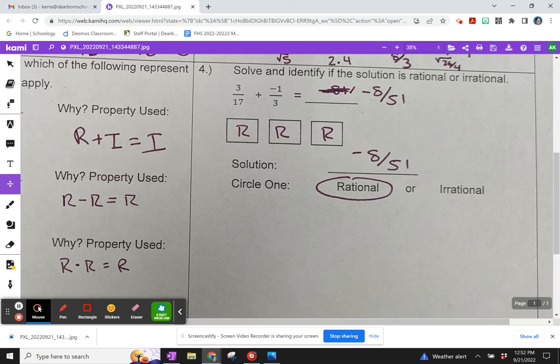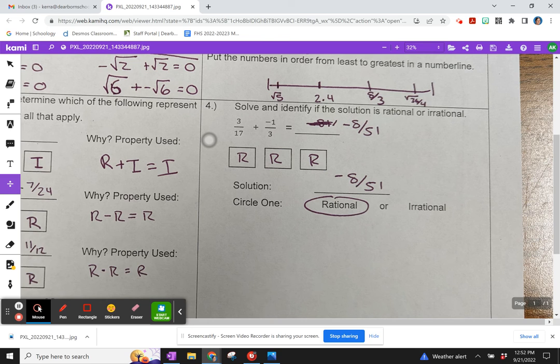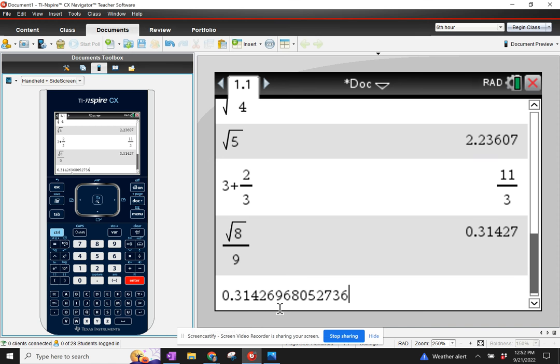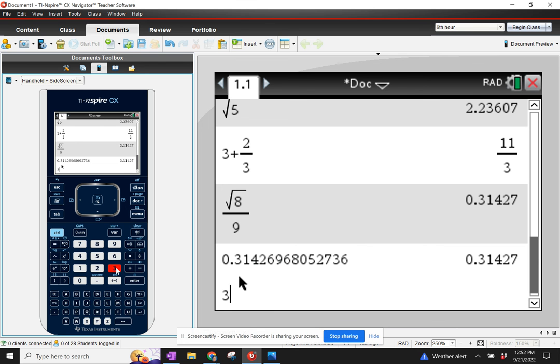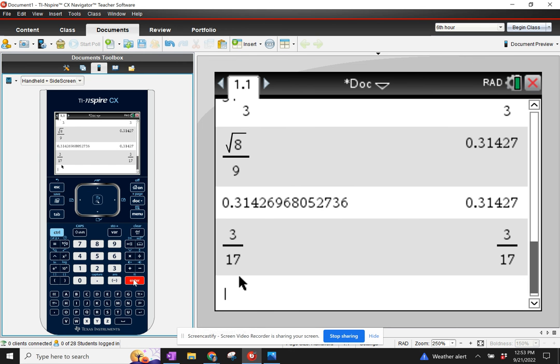And then this is really important because I mentioned this in class today. The calculator is going to try to trick you. But if the calculator gives you a fraction, keep it a fraction. 3 is an integer divided by an integer. That is the definition of a rational number.